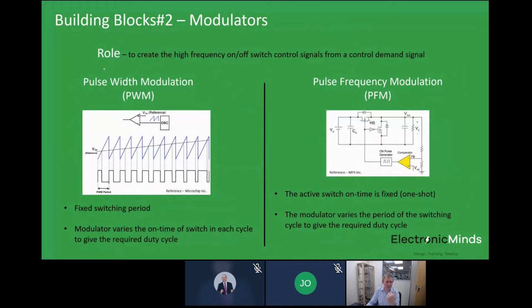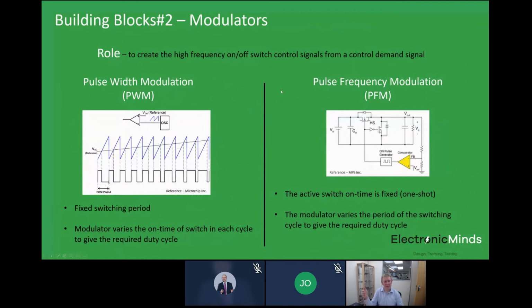Pulse width modulation is probably the most common way of doing this, and you can implement that just with a comparator, whereby you have a sawtooth waveform on one pin and you feed the low frequency continuous signal onto the other pin. So you can see what that then generates is a fixed frequency series of pulses, and as your demand signal goes up, the on time relative to the off time starts to increase. And that's how you can control under pulse width modulation.